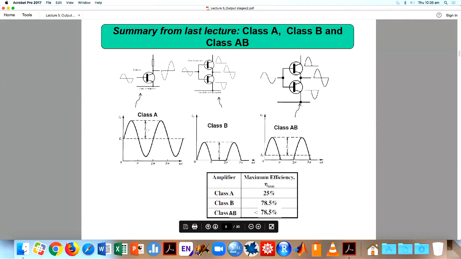So class A, class B, class AB. You can see that class A, then class B got this dead zone issue here. Class AB, you don't have that issue. And then class A has efficiency 25%, class B has efficiency 78.5%, and class AB actually has less than 78.5%.